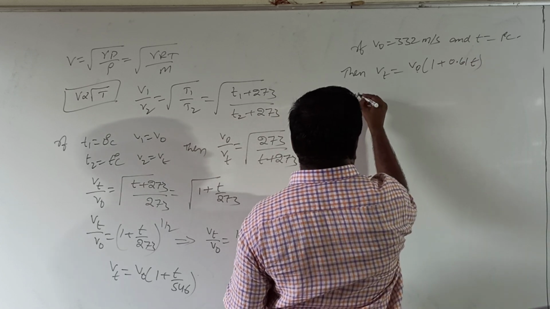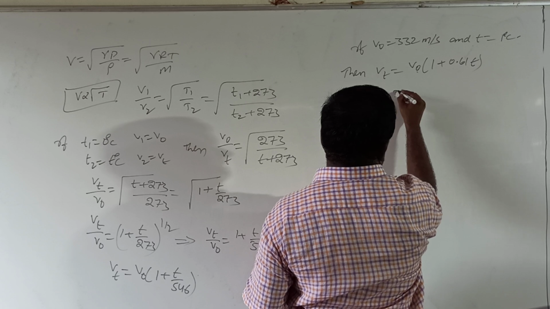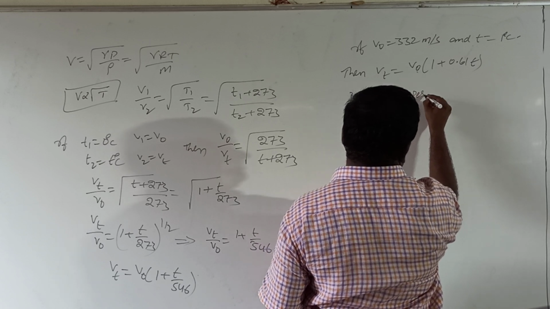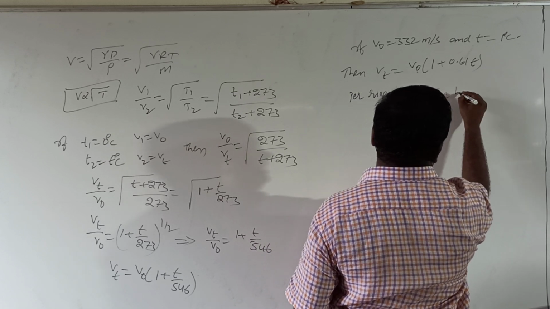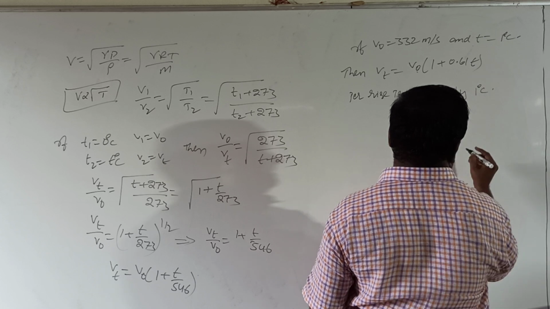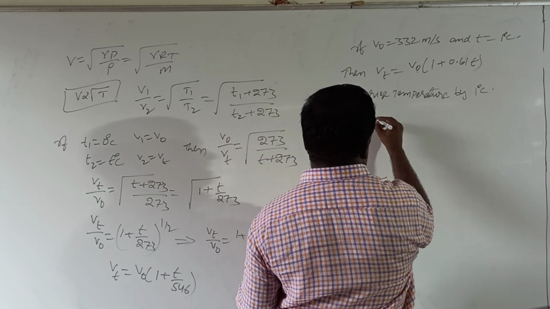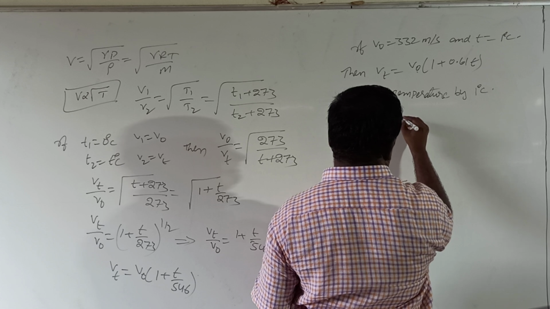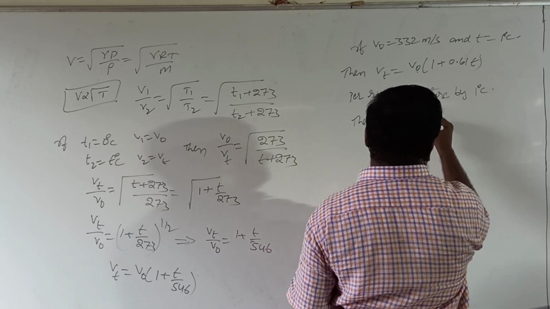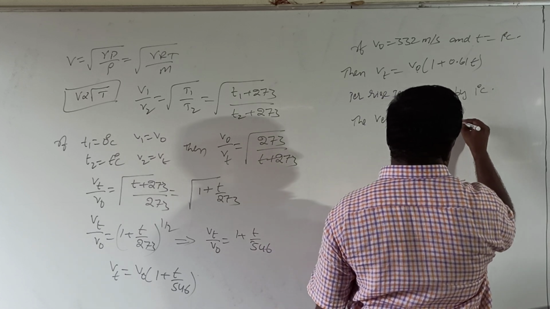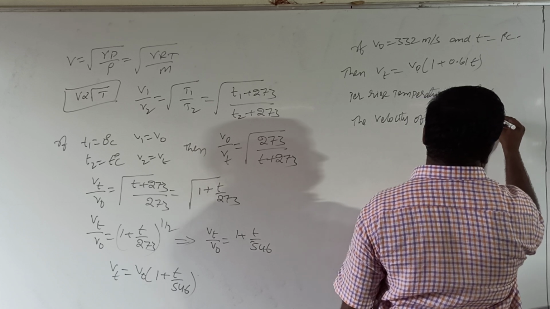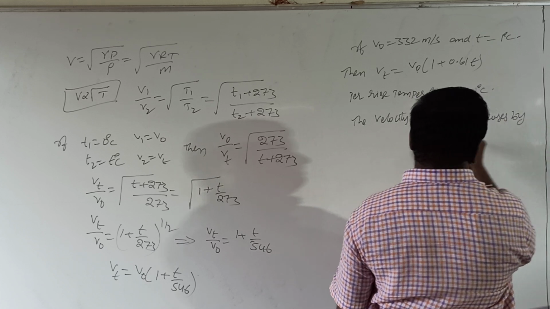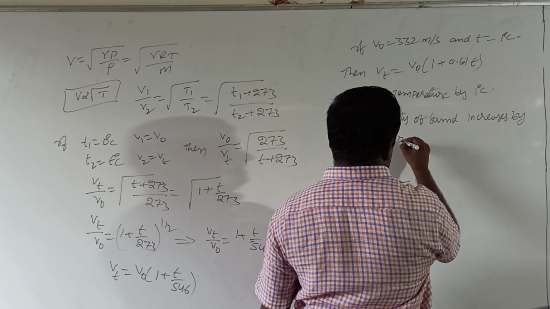For a rise of temperature by 1 degree centigrade, the velocity of sound increases by 0.61 meters per second.